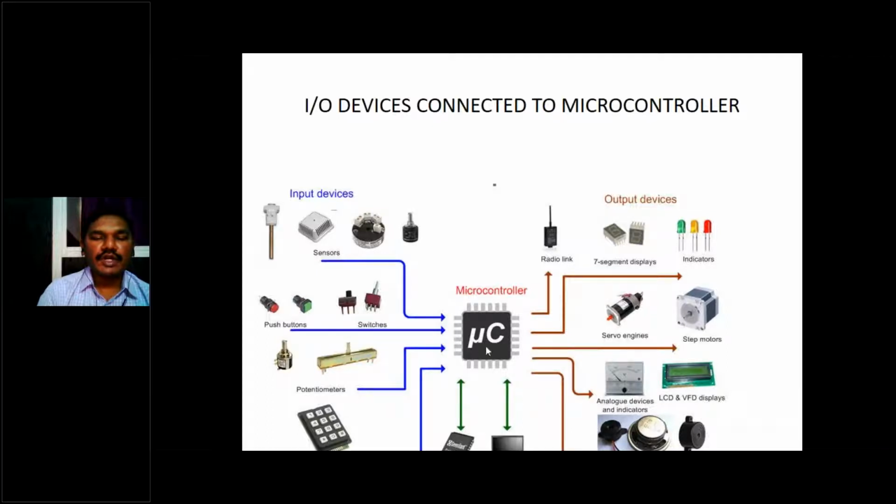Then it gives output to the required output devices. It may go to stepper motors, 7-segment displays, indicators, or other output devices like buzzers and speakers. This diagram shows the required equipment or components to do a project using a microcontroller.